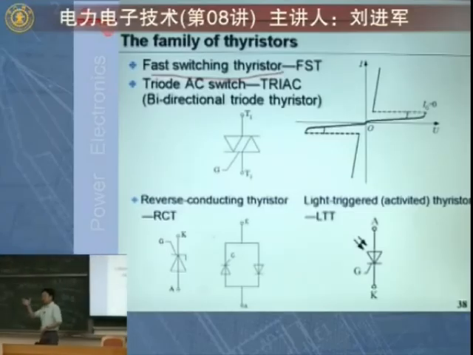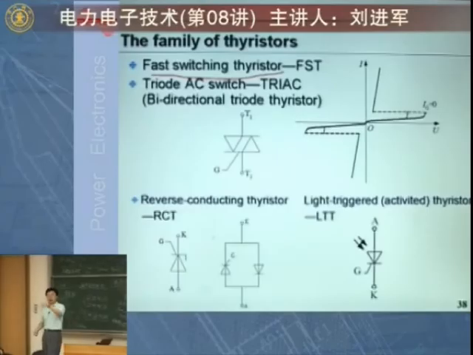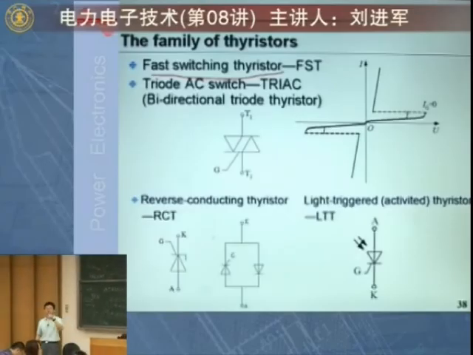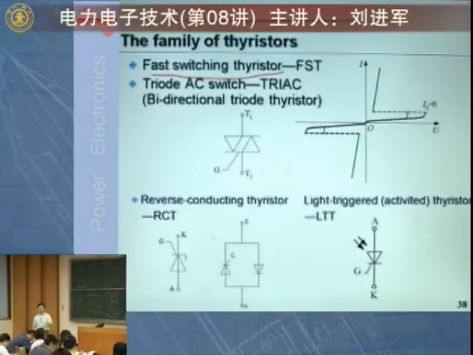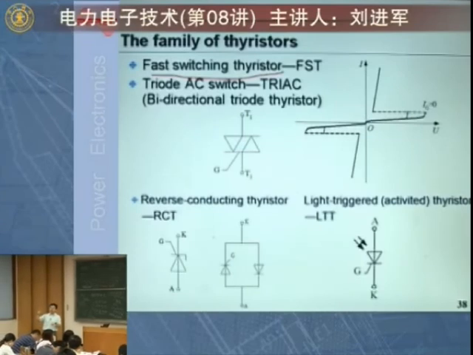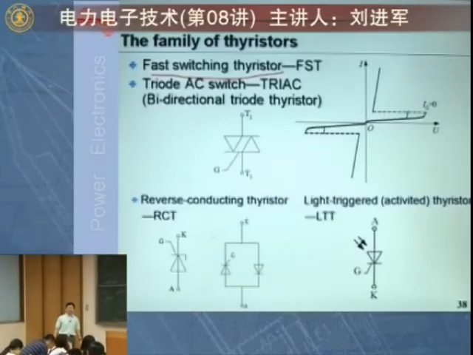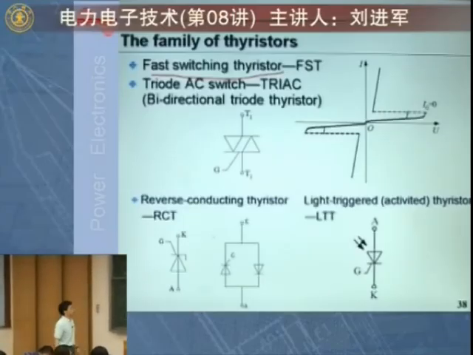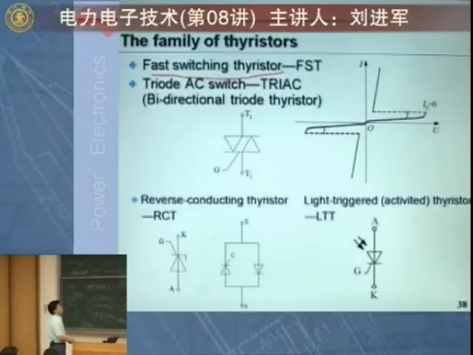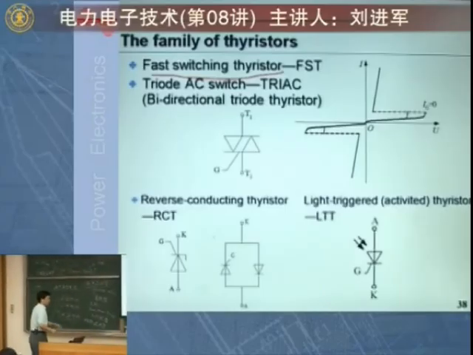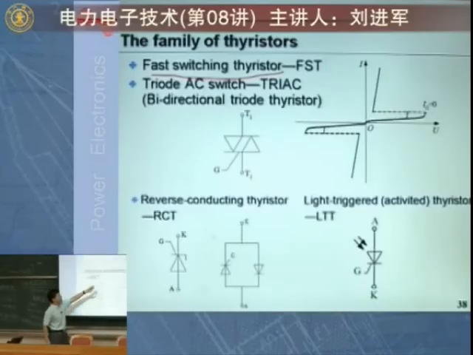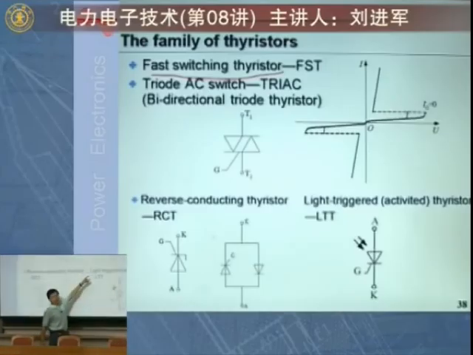Because we know one thyristor can only allow one direction current flow, from A to K. So if you want to control the other direction current flow, then you need another thyristor, an antiparallel thyristor. And the IV characteristics of a triac is like this.